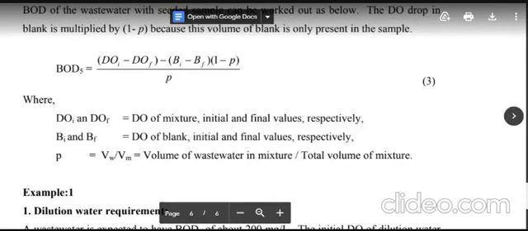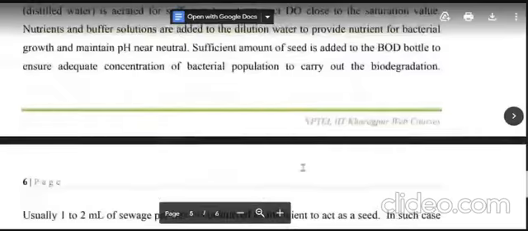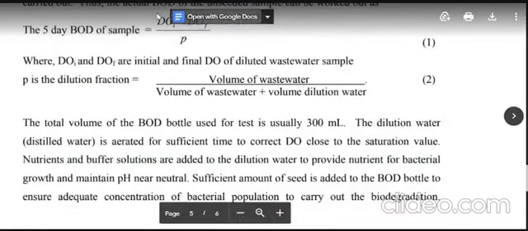Take a snap of this. Done, sir. Okay, and also for the calculation of P, you require this formula. You take a snap of this also.